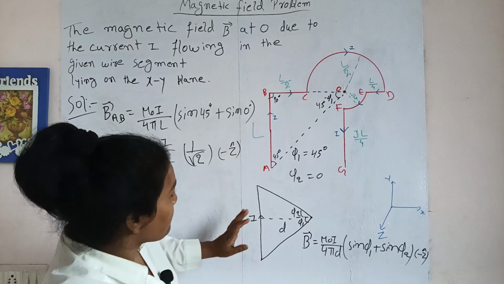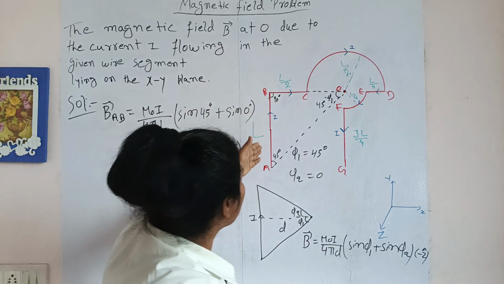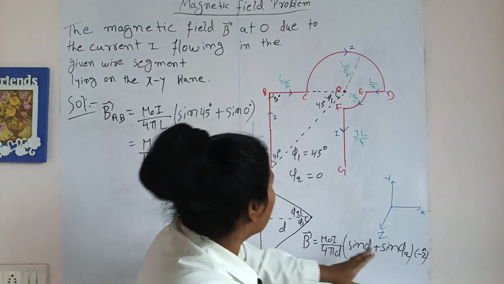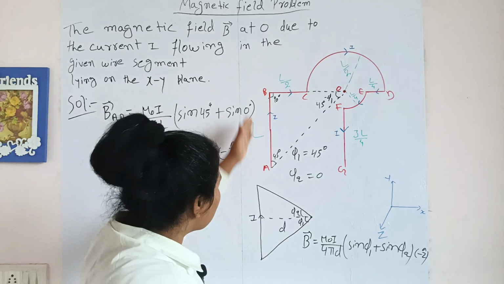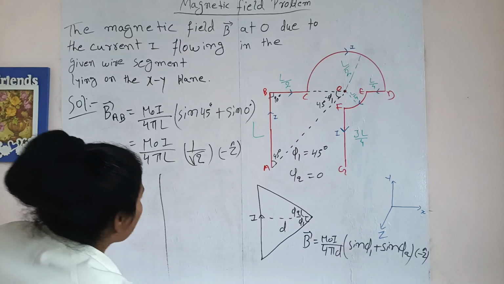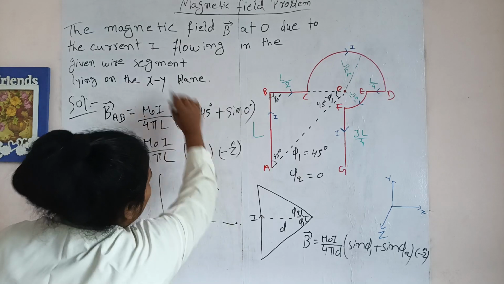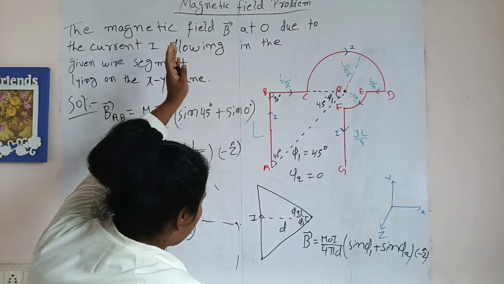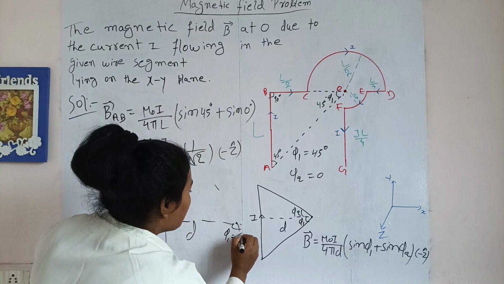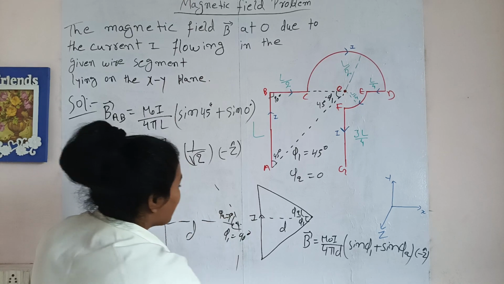Now a very common mistake that students make in this problem is that they just take the value mu naught I by 4 pi d and skip these two factors. That would be the case only if this wire were infinitely long. If this wire AB were infinitely long, then this angle would go up to infinity and this angle would go up to infinity, which makes phi 1 equal to 90 degrees and phi 2 equal to 90 degrees.